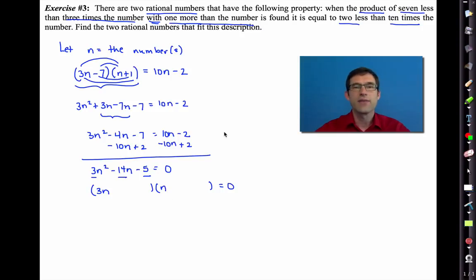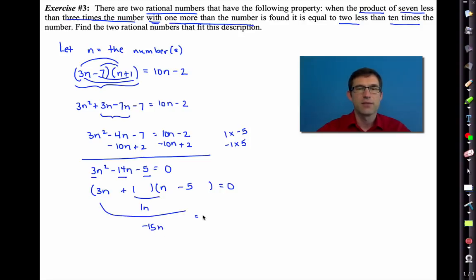And of course that negative 5 means I either have 1 times negative 5 or negative 1 times 5, and then there's a question of which one goes where. Again, I'm going to write down the correct factoring right away. I'll have 3n plus 1 times n minus 5. And that is right. If we check it really quickly, 1n and negative 15n combine to be negative 14n.